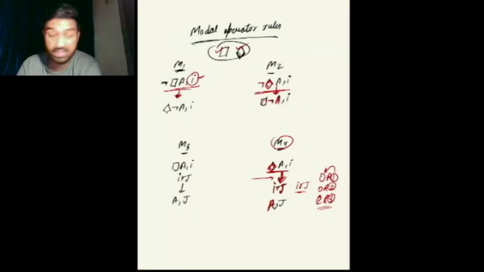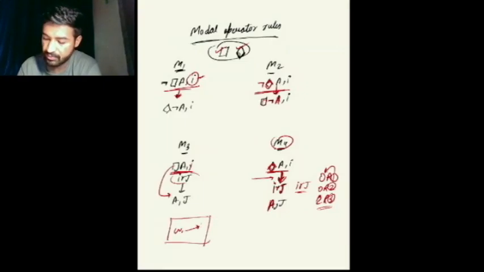Whereas in rule M3, the world already exists, and only then can we go from box A to A in that world, right? How? When I say that box A is the case in world I, and that world is necessarily related to a world J, this is already the case. World 0 is already related to world 1. Then if box A is the case in this world, A will also be the case in world 1, right? This is what we mean by rule M3.